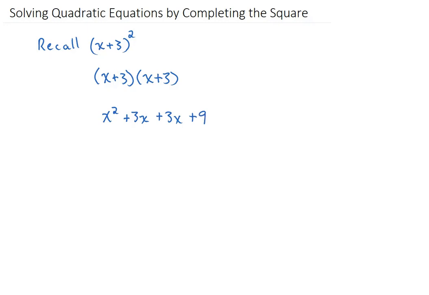Now because these two binomials match, it'll always be the case that the middle two terms match, because we took the x times the 3 over here and the 3 times the x over here. So those will always end up matching. And then it's also the case that this guy will always be the last two guys multiplied, and since everything's twins, then this last term will be a perfect square.